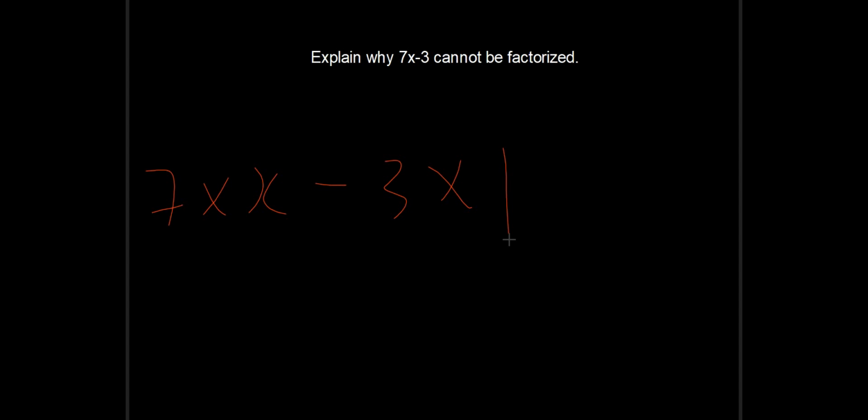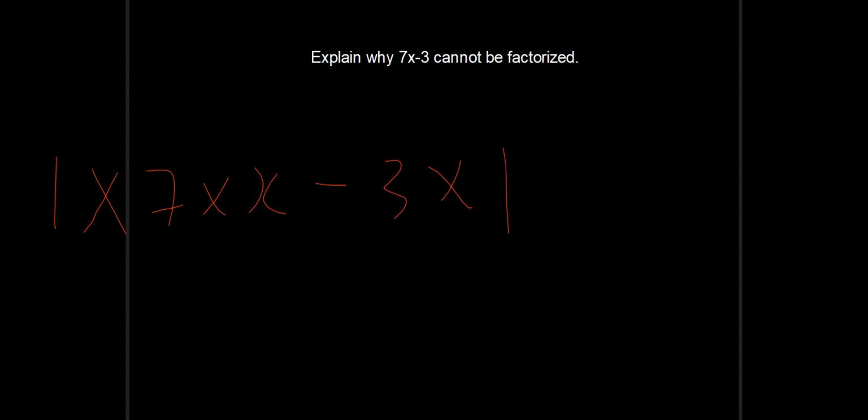Nothing that is common, unless we have a 1, because if we multiply these two terms by 1, we get back the same 7x minus 3. And so if we have 1 as the highest common factor for an expression, you will end up with the same expression as the original. We could actually try it.